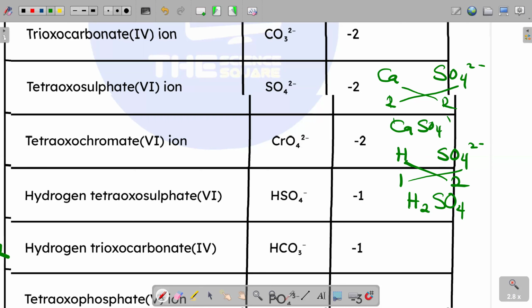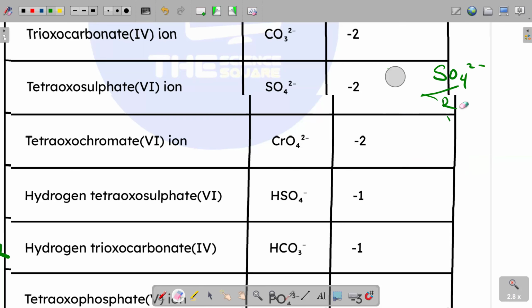So it is important to know the combining power and the symbols of some common radicals, because they tend to be useful when you need to write their chemical formula.